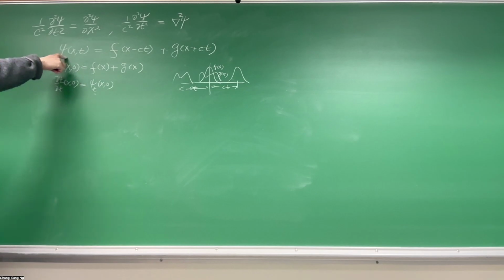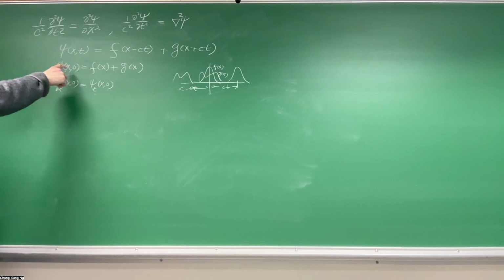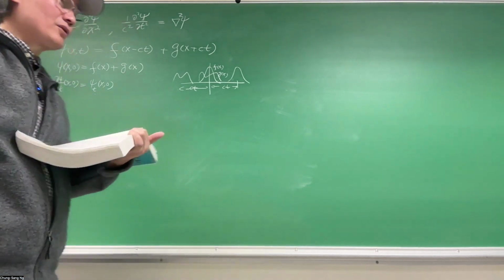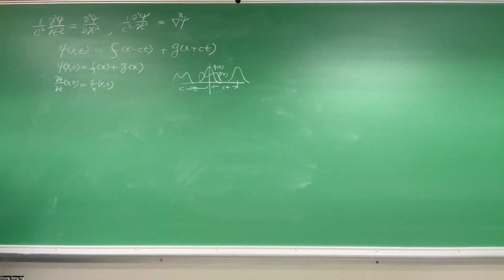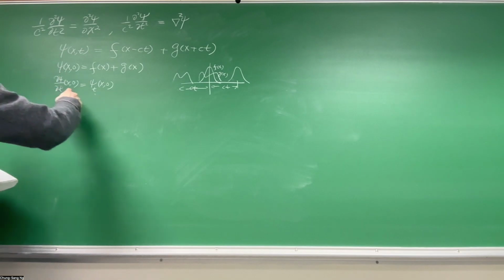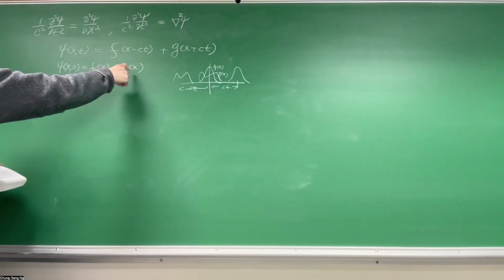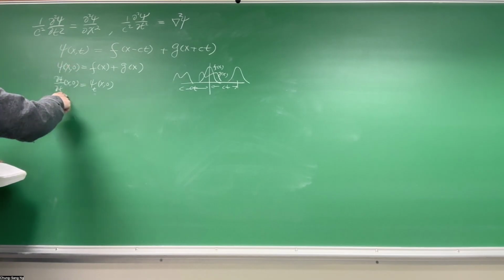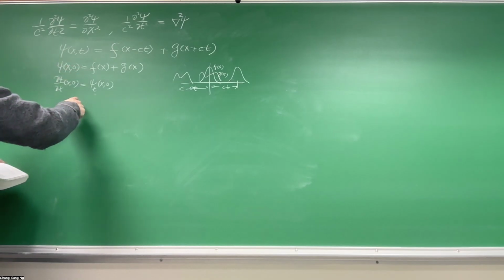In order to get the solution for ψ given these two initial conditions, you need two conditions because it's again second order in time. You need its value and its time derivative. And you need to solve for f and g given these initial conditions.